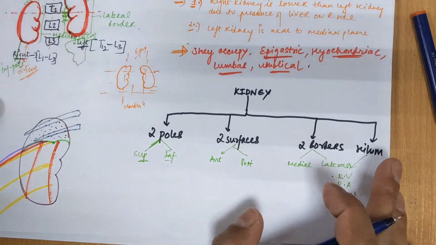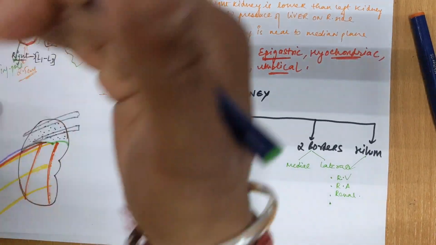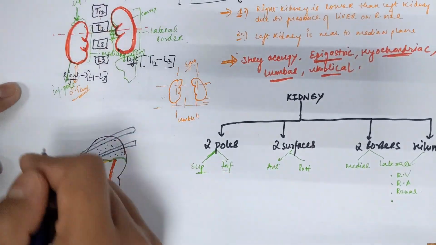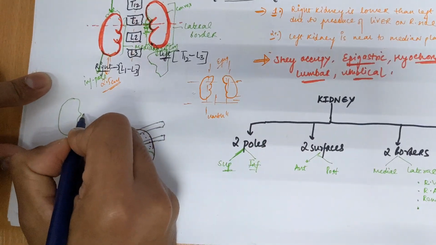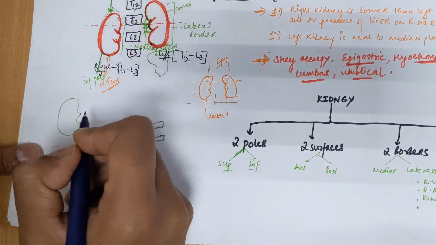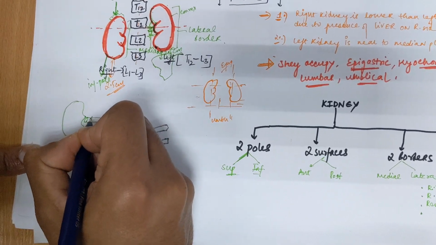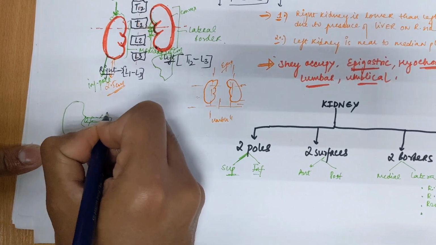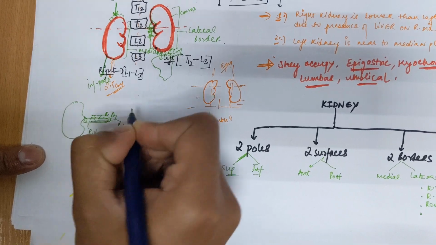Okay, so if we talk about the relations, if you have to consider whether it is the anterior side or posterior side, just consider this is your kidney. Okay, clear? So first will come your renal vein. Like this renal vein will be there, and from the back side, posterior to the renal vein will be your renal artery, and on the back side will be your renal pelvis, or ureter.